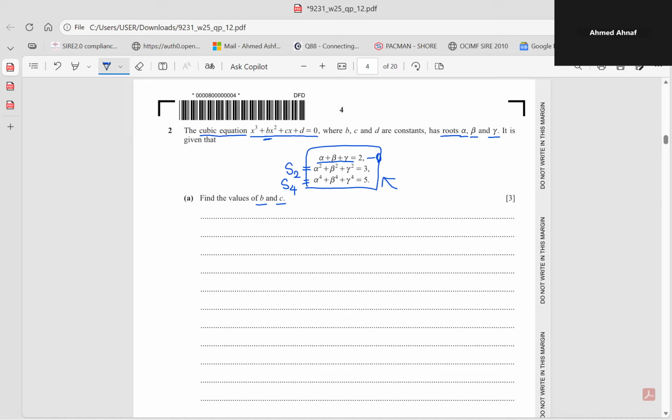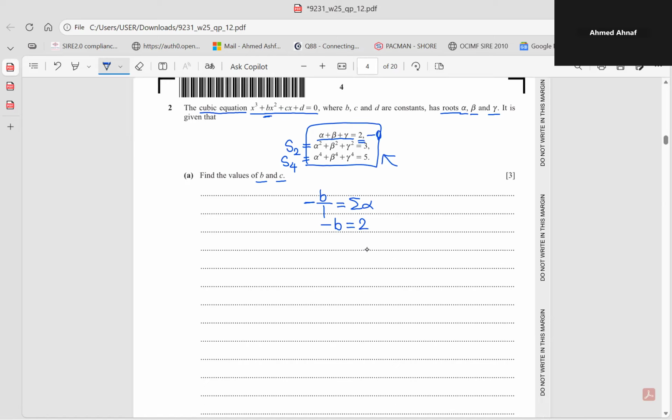You must know this: minus B, the coefficient of the x squared term for a cubic equation, over A, which is the coefficient of the x cubed term, is actually equal to the sum of roots. So in our case, just alpha plus beta plus gamma. And we're already given that it's equal to 2. So we can just write minus B is equal to 2. Therefore B would just be minus 2. Yeah, so we're done for B.